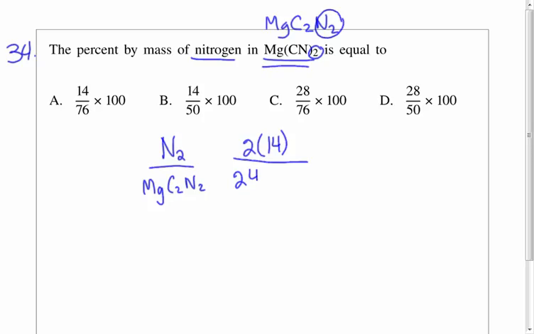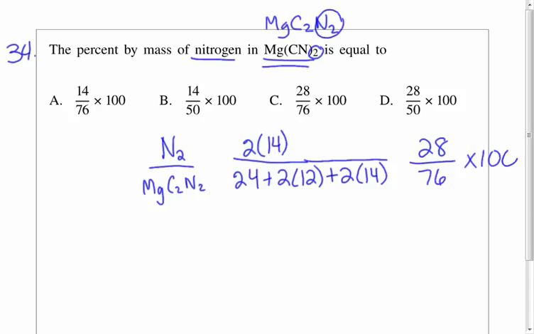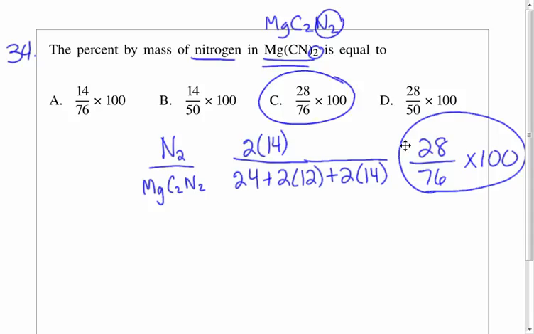We'll have magnesium plus 2 carbons plus 2 nitrogens. And these numbers in parentheses are just the atomic mass values from the periodic table, or molar mass values, if we want to call them that. So whenever we type those numbers into our calculator, we are going to end up with 28 on top and 76 on the bottom, times 100 to change it into our percentage. So this is our setup. And be sure you pick the one that has the right numbers in the right places.